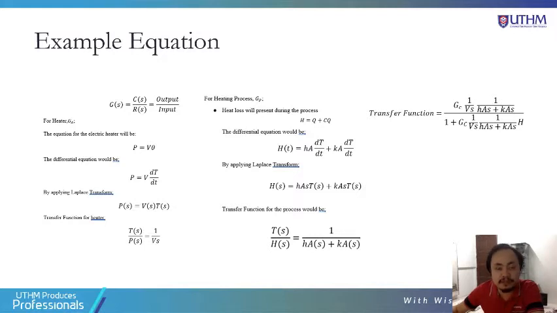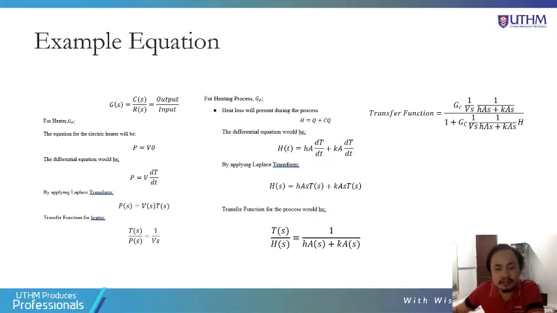Then for the heating process, Gp, the heat loss will be present during the process, which is H equals Q plus cQ. The differential equation would be H(t) equals Ha dT/dt plus Ka T. Then by applying the Laplace transform, H(s) is equal to Ha s T(s) plus Ka T(s).